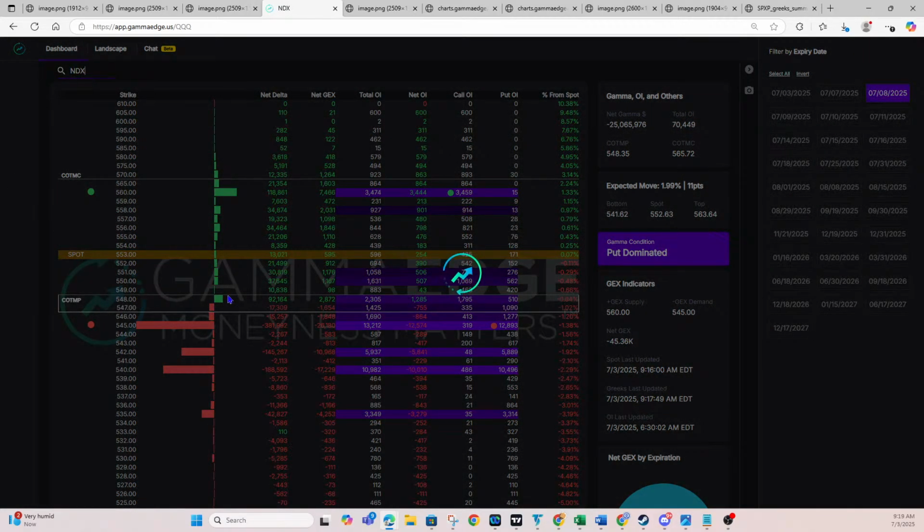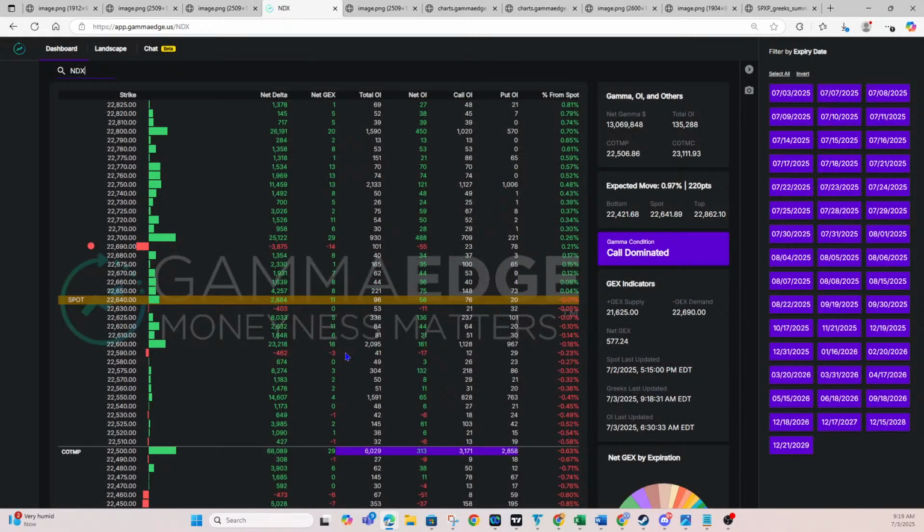NDX, yeah. So the problem is the total OI with the NDX. This is not conducive of dealer control. So that's why we don't look at the NDX in the web app. Same thing, your total OI is not conducive of an option structure.